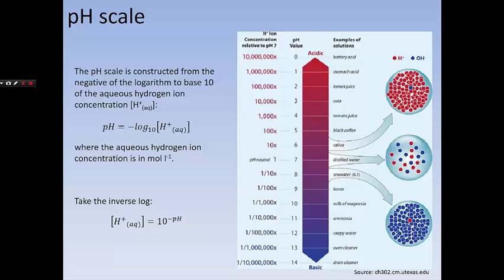Rather than having to say a hydrogen ion concentration is equal to, for example, 72 times 10 to the minus 5, we can simply say pH equals 4.14, just because it is really convenient to use pH rather than the real hydrogen ion concentration in this case.